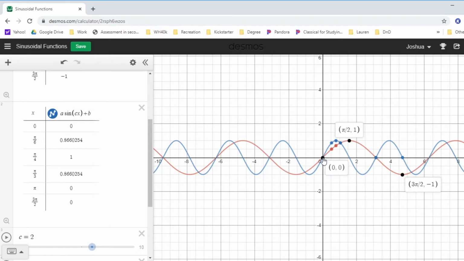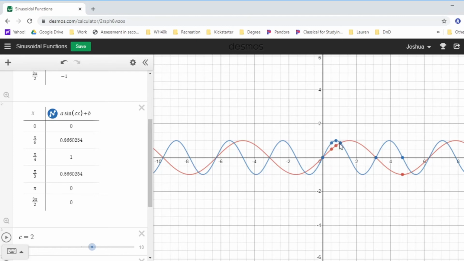But if we look at the blue graph, we can see it's gone up, come down, completed its cycle, and then it's gone up, come down, and then completed another cycle. So the graph is going twice as fast. I can fit twice as many cycles into the same period. So we say that the period of the cycle has decreased, it's gotten shorter. You can say the frequency has increased, and that's caused by horizontal dilation.